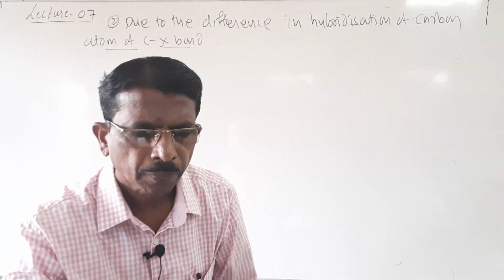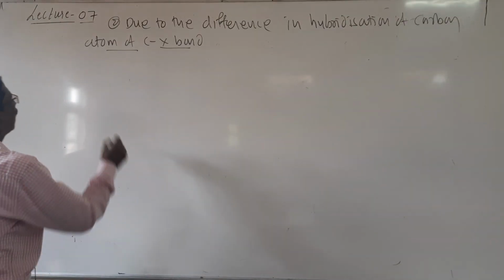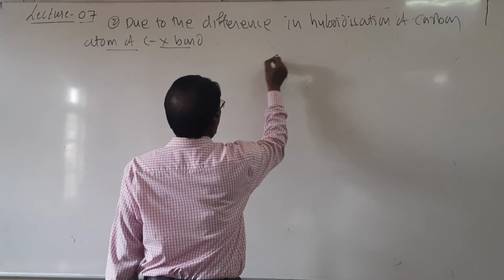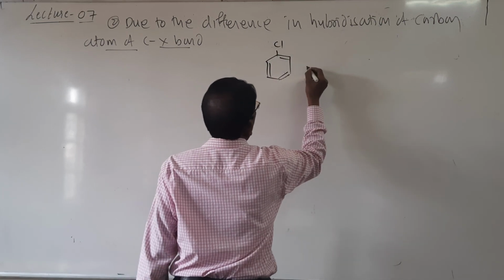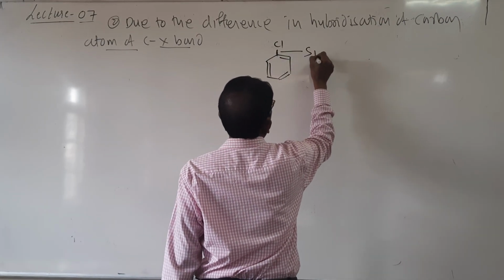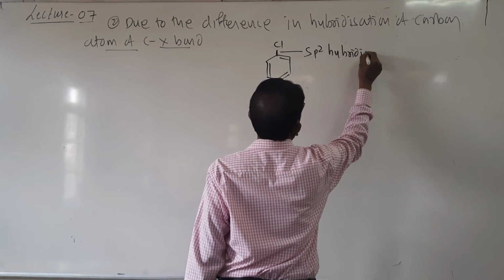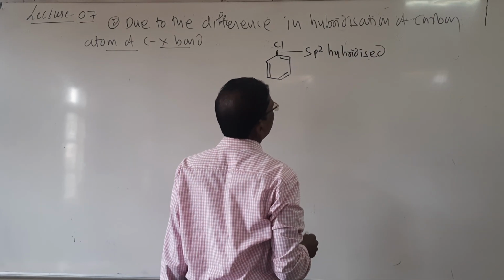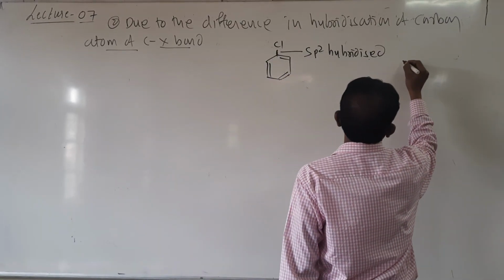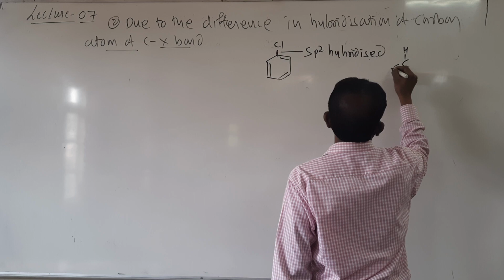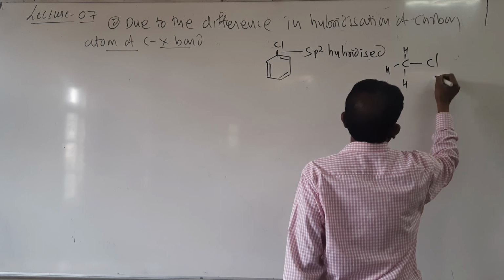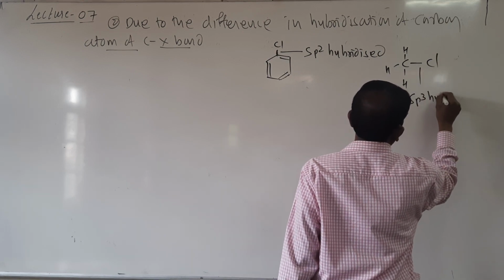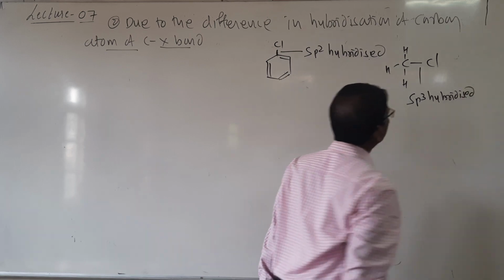So what happens here? It is very simple. Here in haloarene, I will write here, in haloarene, here it is sp2 hybridized, and then in haloalkanes you may take methyl chloride, and ethyl chloride, here it is sp3 hybridized.